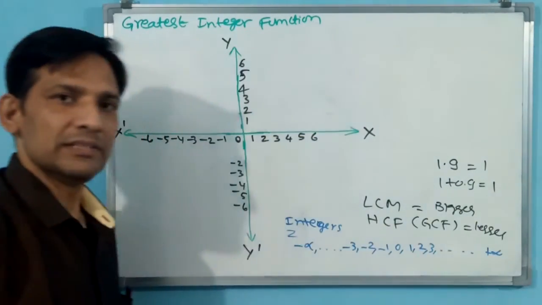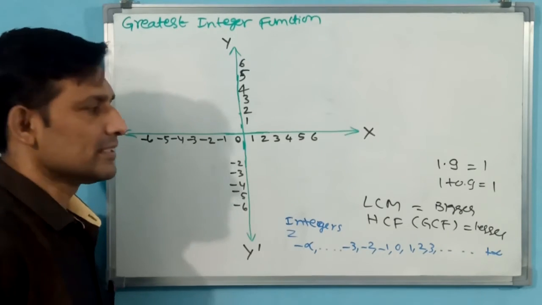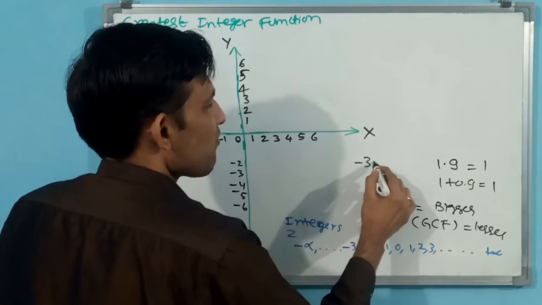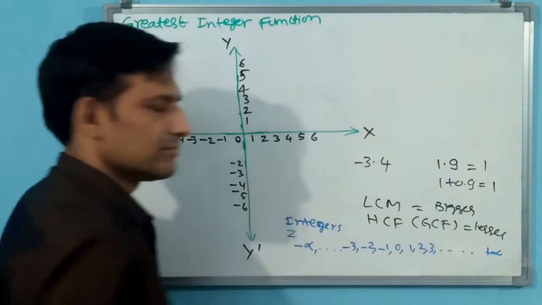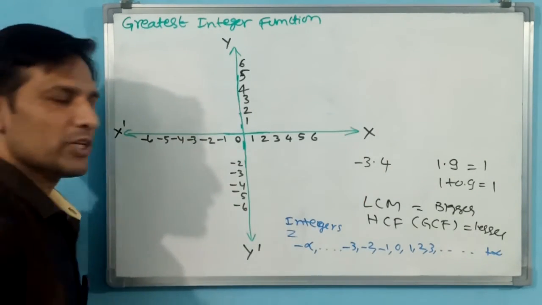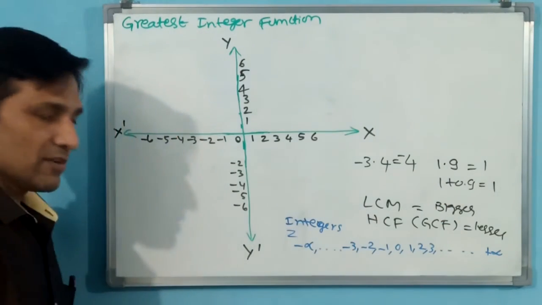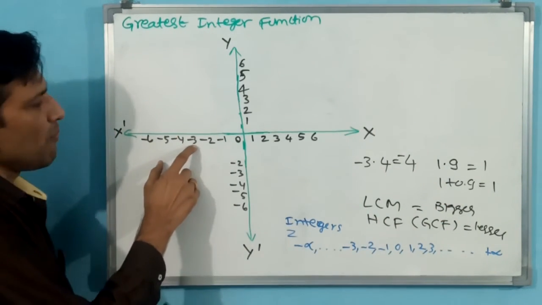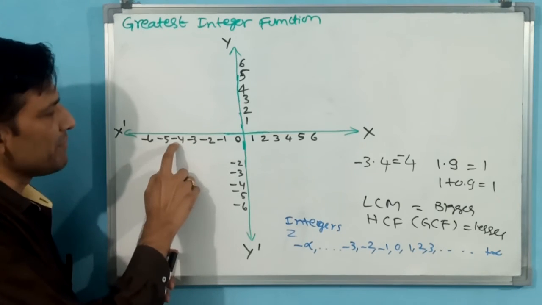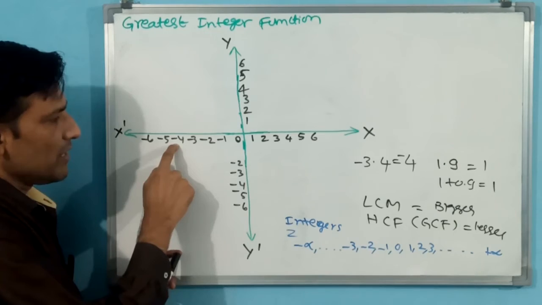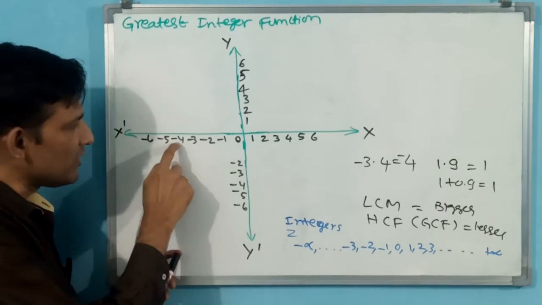It will take 1 only. You understand? Say, if I give minus 3.4, it will take minus 4 only. Why? Because minus 3.4 will come between minus 4 and minus 3. But here, the lesser value is minus 4.